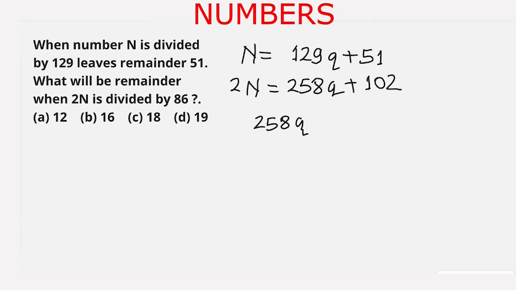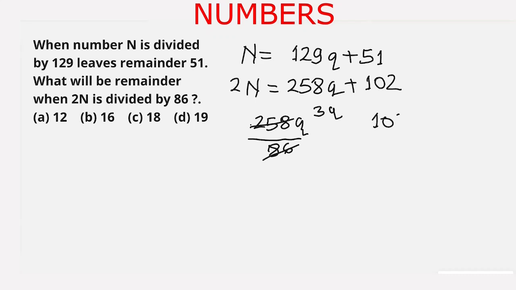258q is divided by 86. 86 divides 258 three times. So this is equal to 3q. It means that 258q is completely divisible by 86 and remainder for this part is 0. So only number left is 102.